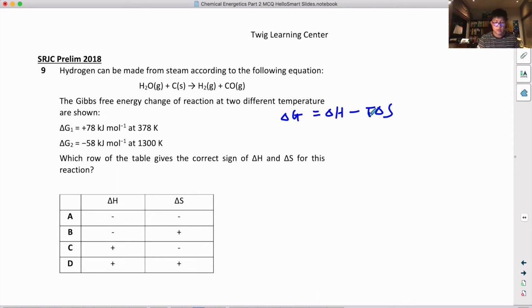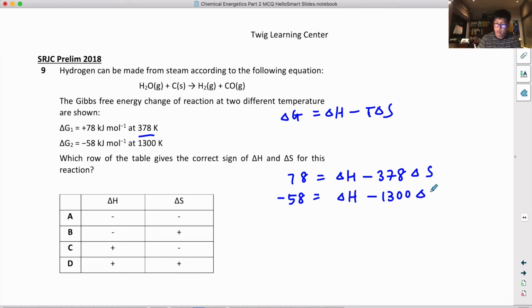So 78 equals change in H minus 378, because it's 378 Kelvin here, change in S. Next one, minus 58 equals change in H minus 1300 change in S. I call this equation 1, I call this equation 2.